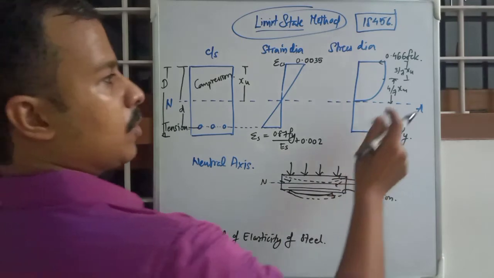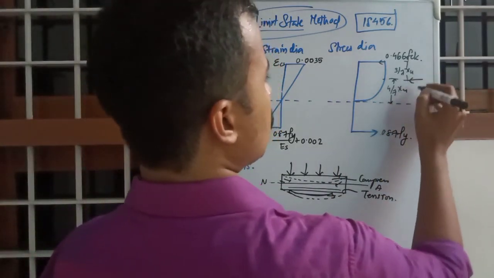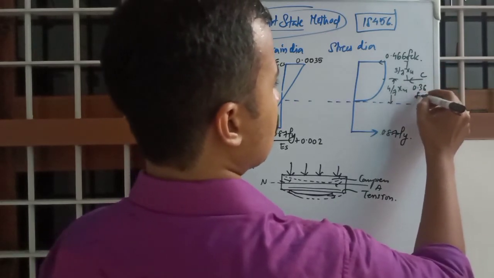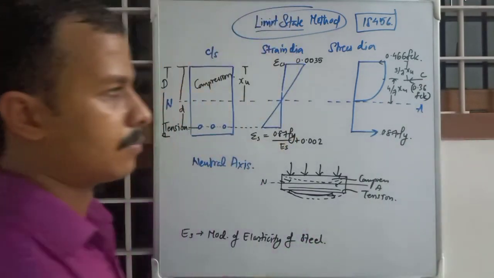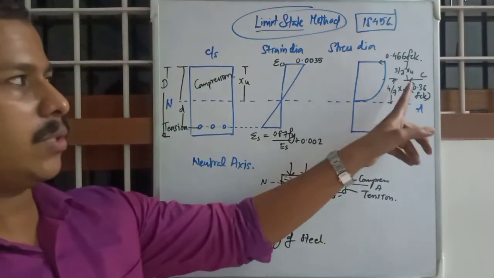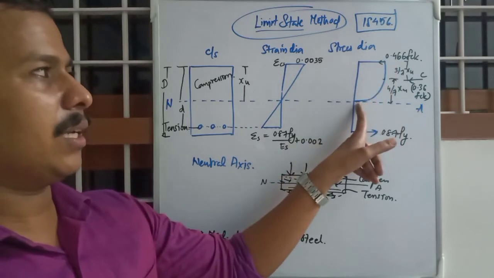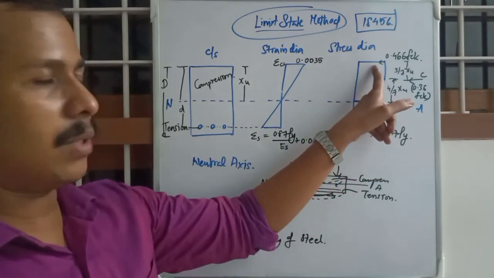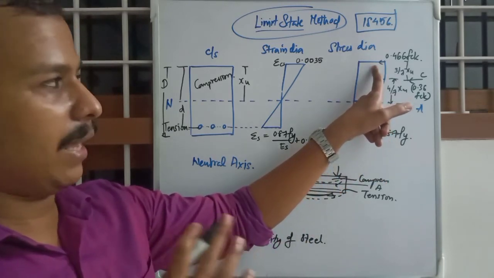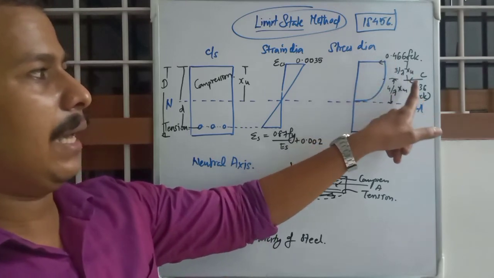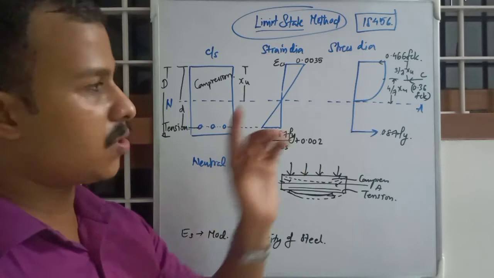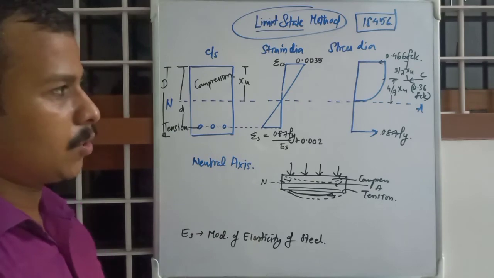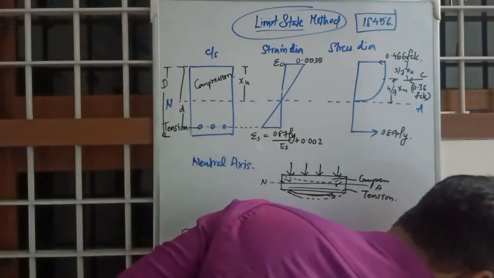Okay, so solving all this, we will get this C as 0.36 Fck. We solve this to get, here it is 0, as no force is acting on the neutral axis, and at the farthest layer of concrete it is 0.466, and the effective compressive stress is 0.36 Fck.